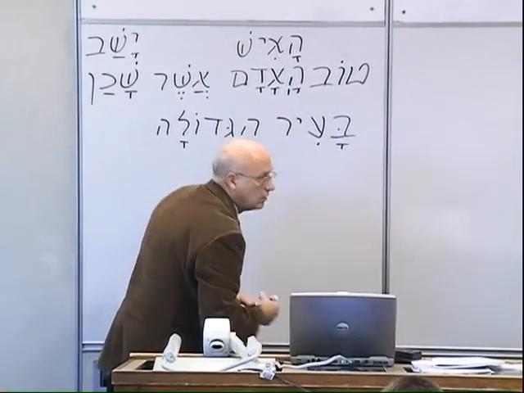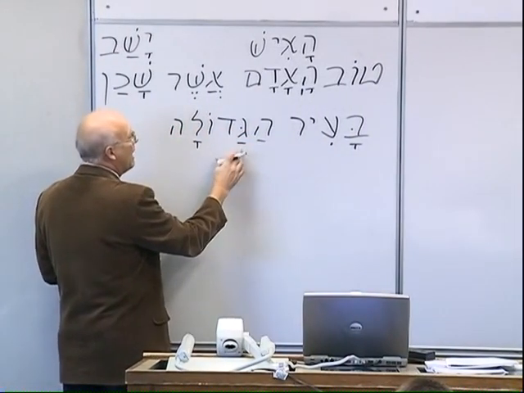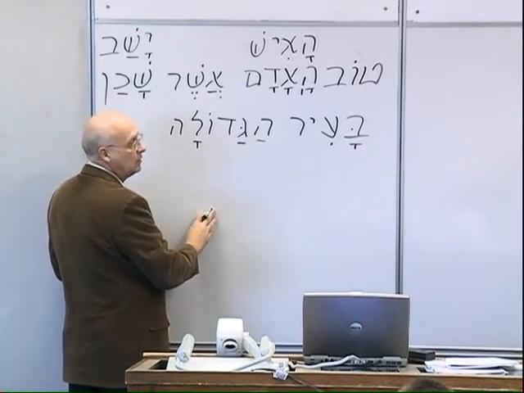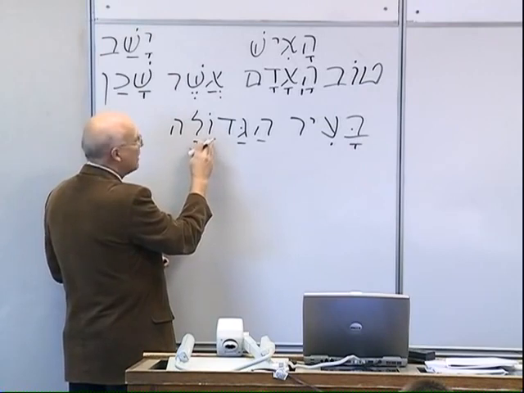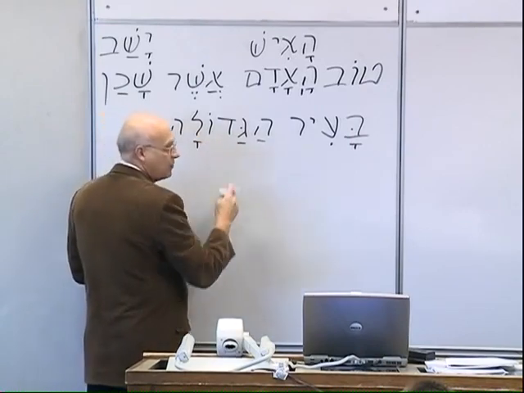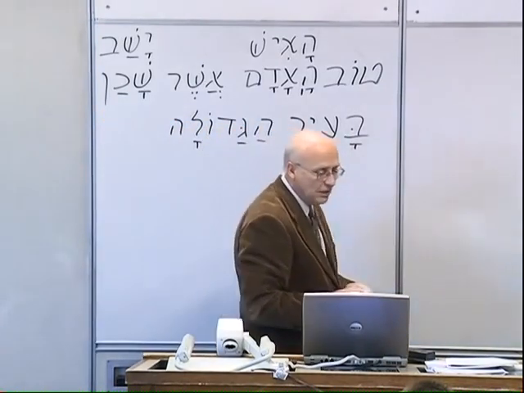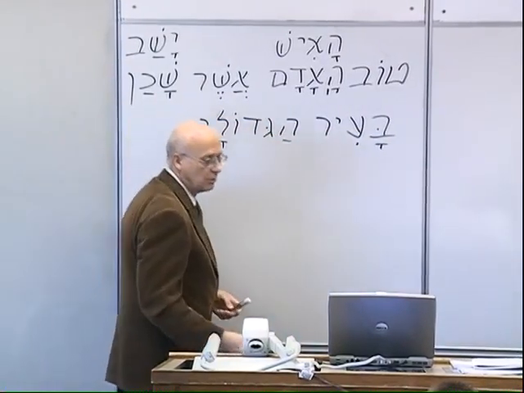How come it couldn't be a pathak? Because if you put a pathak here, you have a pathak in an open syllable. Because the daleth has to go with this vowel. This vowel can't be here alone. It has to have a consonant. So the daleth is going to go with this vowel. So this would have to be in an open syllable. A short vowel doesn't stand that way in an open syllable.